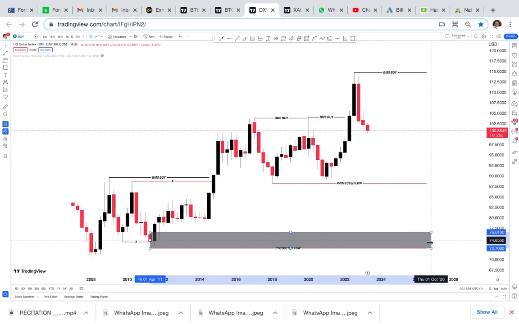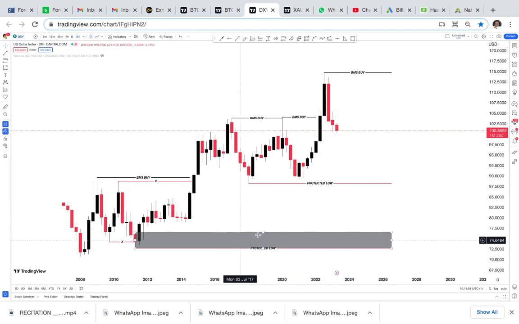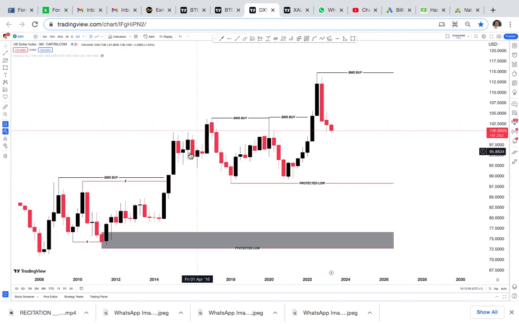So let me just hold it down. Okay, market didn't come back to this low. So market pulled up. What do we have? We have this high and this low, this low, this low.